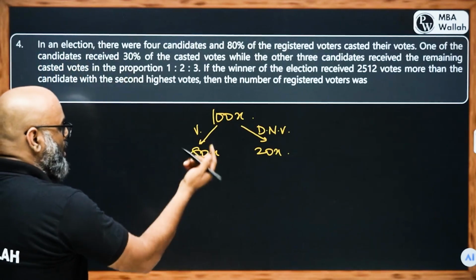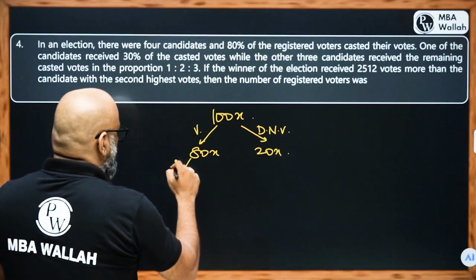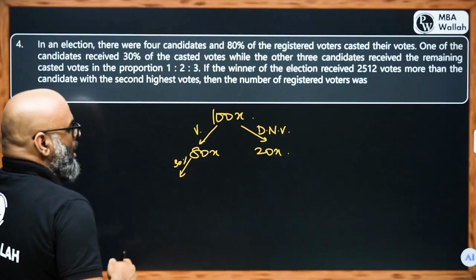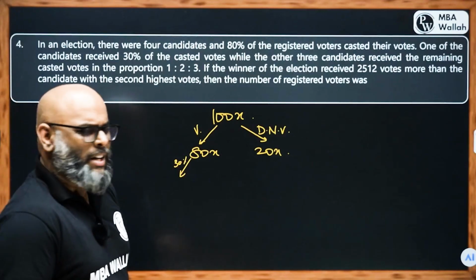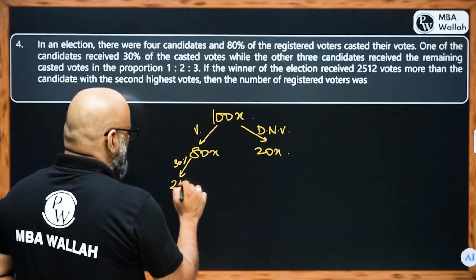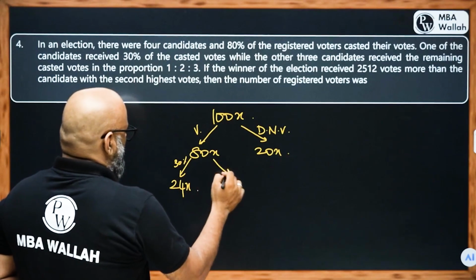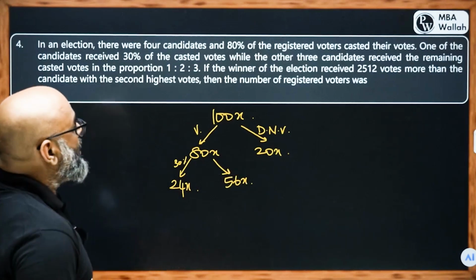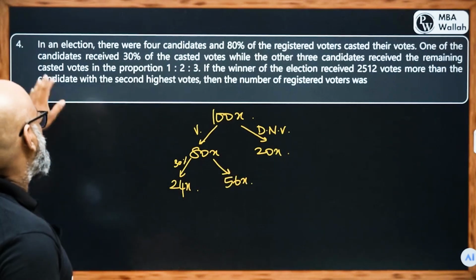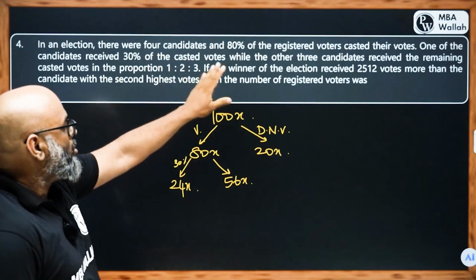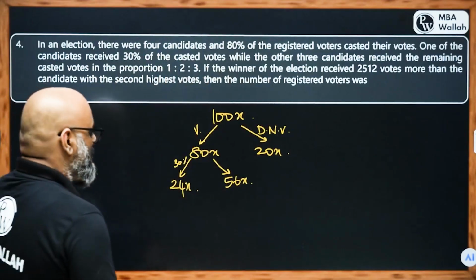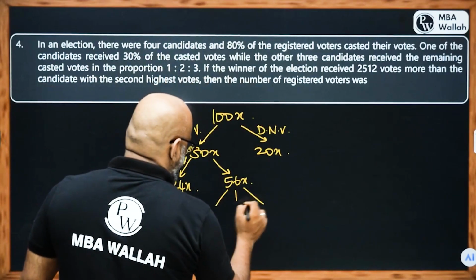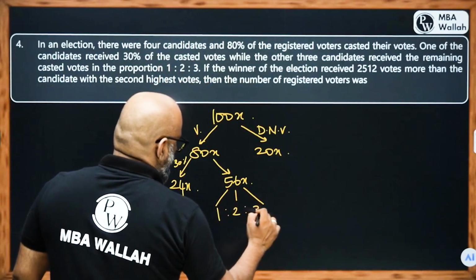So whatever votes were casted, 30% goes to one guy. 10% is 8x. 30% is 24x. Remaining we have 56x. And it is given that the remaining casted votes are in the ratio of 1:2:3 for the other 3 candidates. So this is split in the ratio 1:2:3.